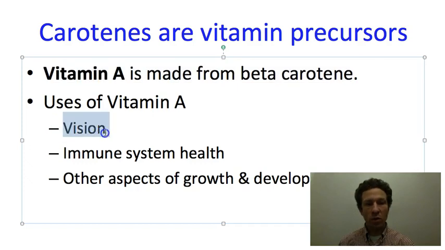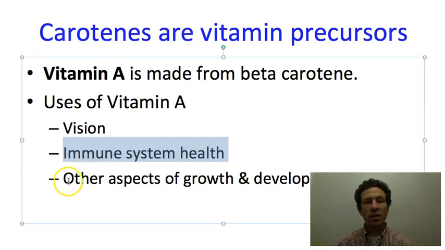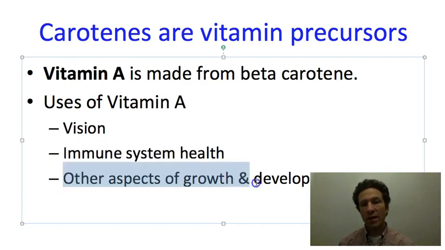First, it's important to our vision. Second, it is important to immune system health, so it helps us fight off diseases. And it is also involved in a number of other aspects of growth and development. This means that eating an appropriate amount of vitamin A is one thing that we can do to help stay healthy.